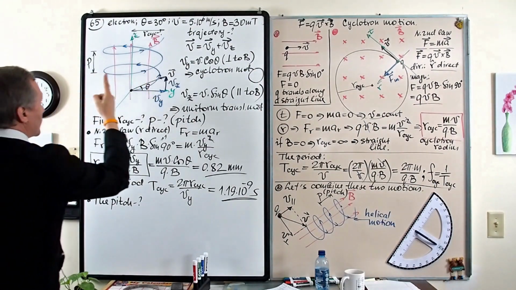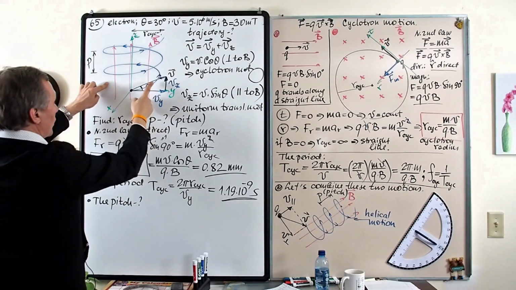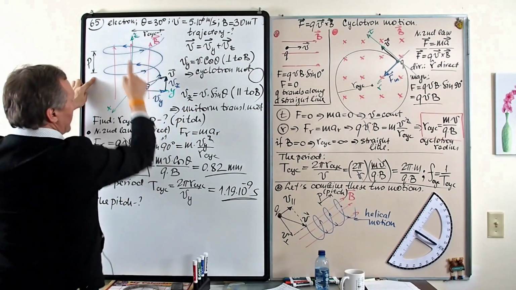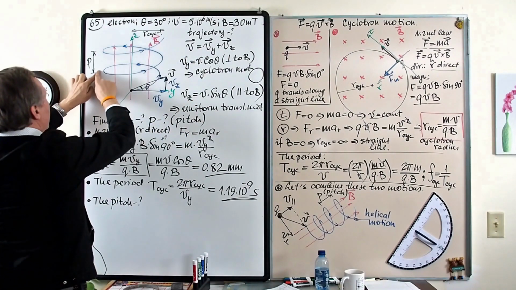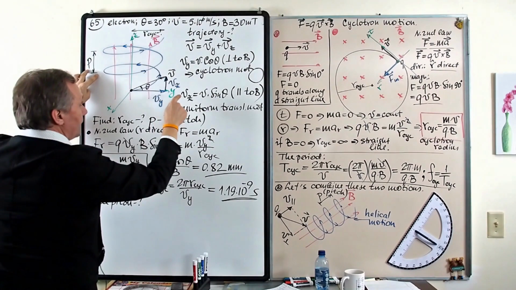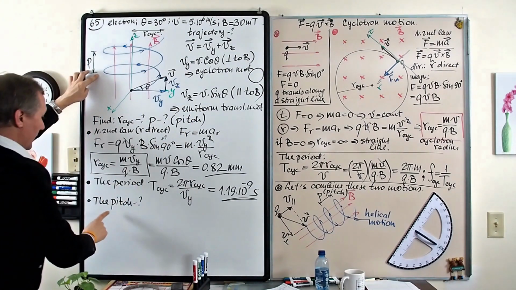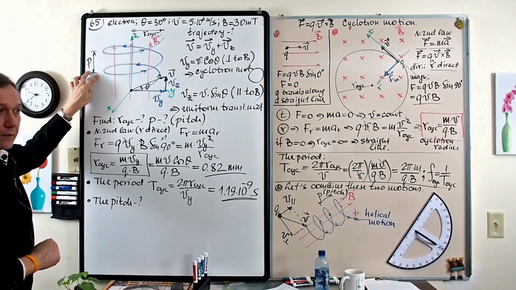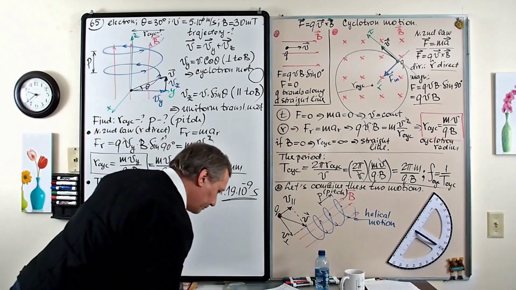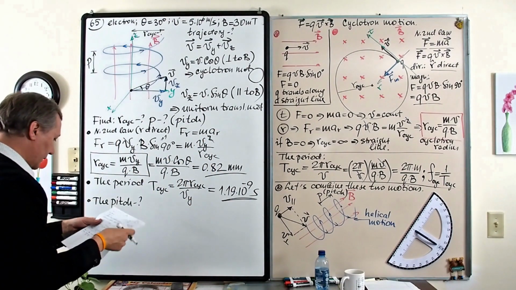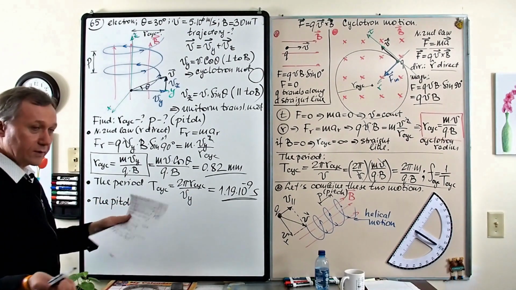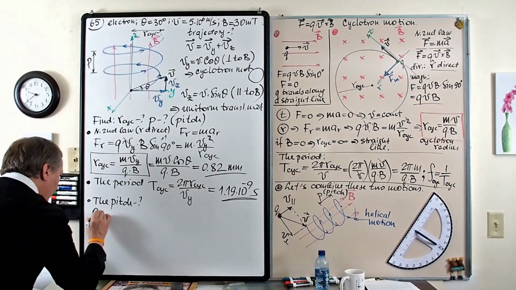As the particle makes one circle in cyclotron motion, in this direction, because it still travels with velocity v sub z in z direction, it will complete this distance p. So p will be equal to v sub z times the period which we just found. Probably before writing the formula, I will write this: over this time T cyclotron, the electron travels in z direction distance p.